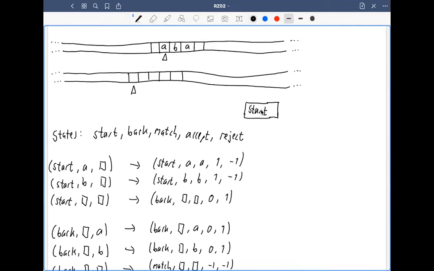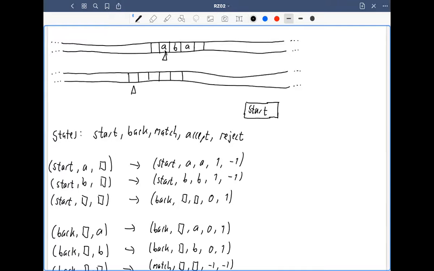Now we're in a state, and we're looking at a symbol on tape 1 and a symbol on tape 2. The transitions have triples of information on the left: the state we're in, the symbol we're looking at with head 1 on tape 1, and the symbol we're looking at on tape 2.